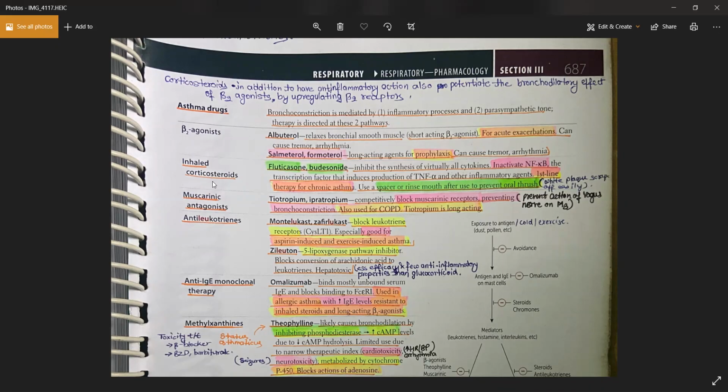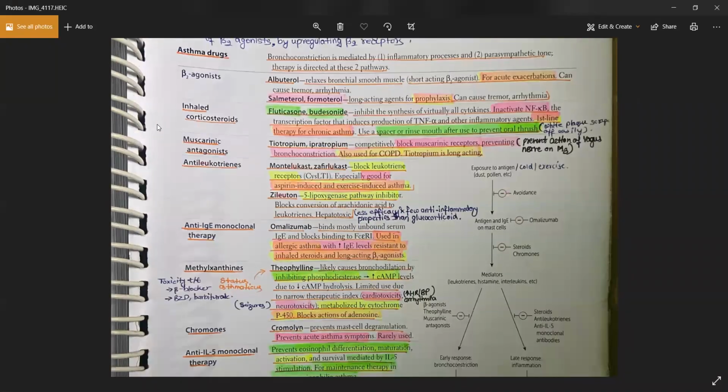Very important: if a patient with asthma has whitish lesions in the mouth that are easily scrapable, you will think about oral thrush due to corticosteroid use. These are the first line therapy for asthma treatment.